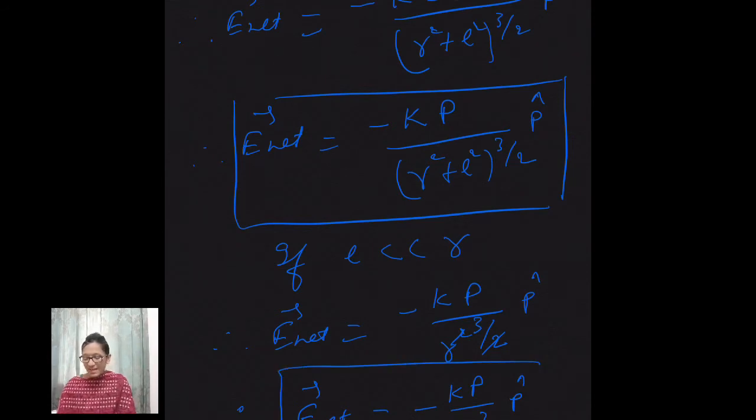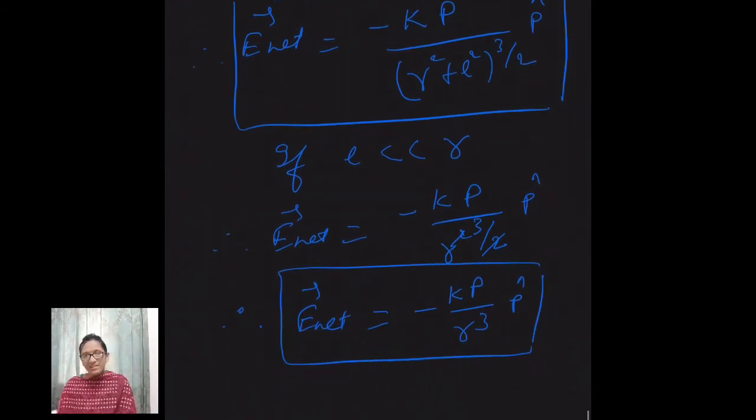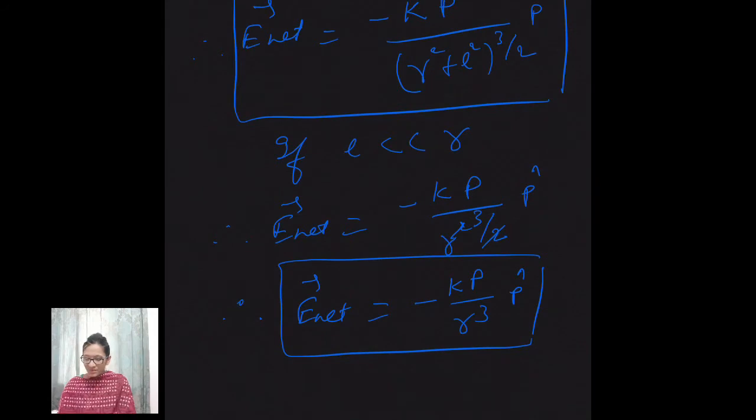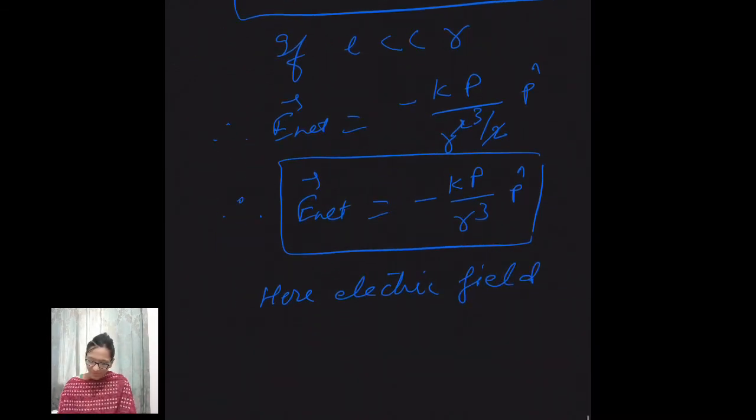So we see that the electric field is not varying inversely with the square of R. Here the electric field in the two cases is varying inversely with the cube of R.